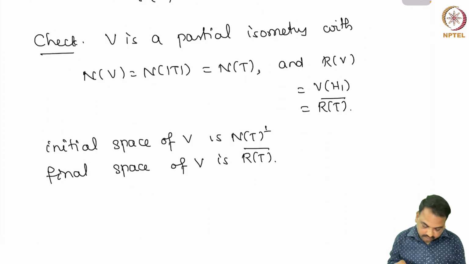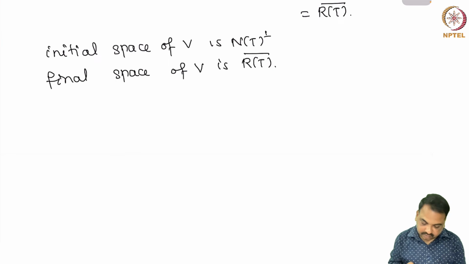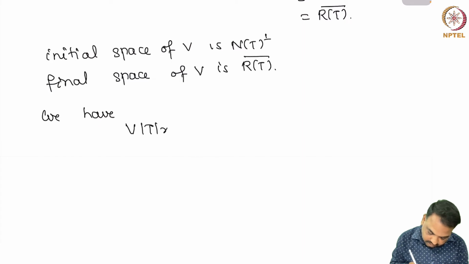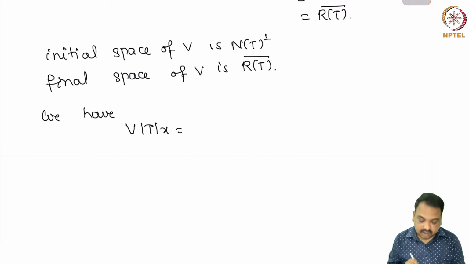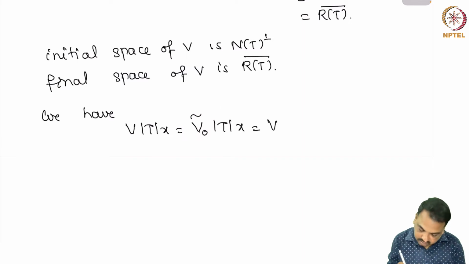Okay, so we got a map V from H1 into H2, and if you look at V of mod T x, mod T x is an element of range of mod T, so that is nothing but V naught tilde of mod T x, but V naught tilde is nothing but V naught on range of mod T. So that is Tx.